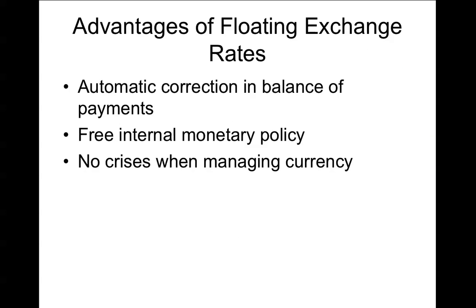The advantages of this kind of system is that there's automatic correction in the balance of payments, free internal monetary policy, as we'll see later on, and there are no crises when managing currencies, and we'll touch on that a bit later. But if you're interested in that, you can look at some specific places in your textbook and online to go through the logic of why those things happen.